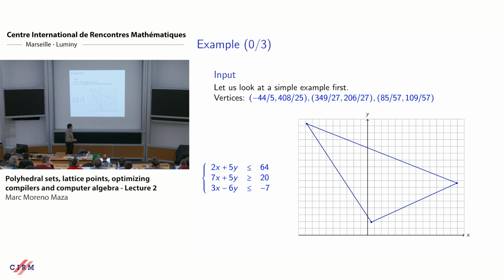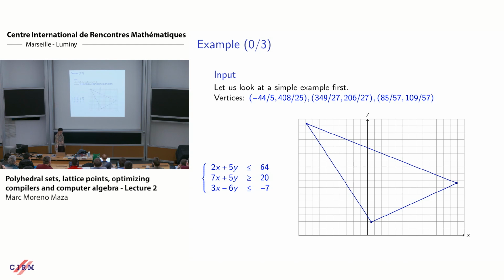So a first step in the algorithm is to ensure that the supporting hyperplanes of the facets have integer points, which is easy to check. So for instance, for this facet, its supporting hyperplane does not have integer points.